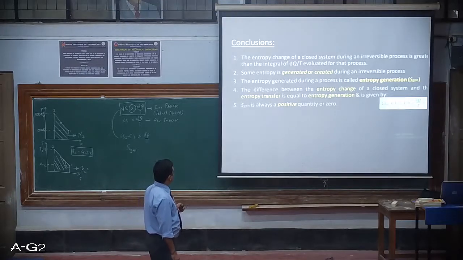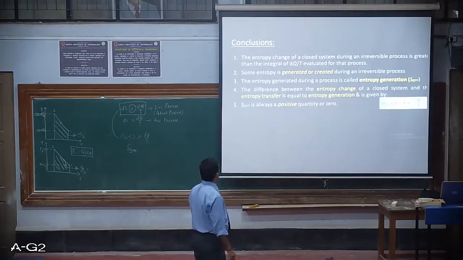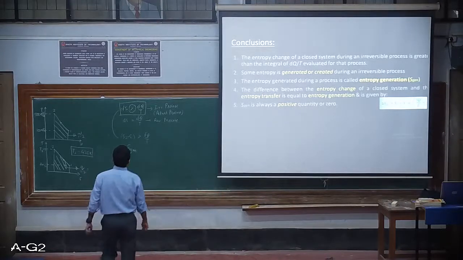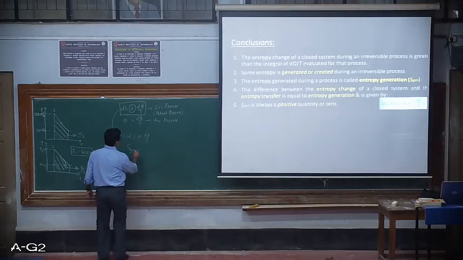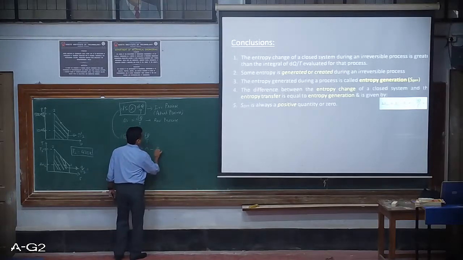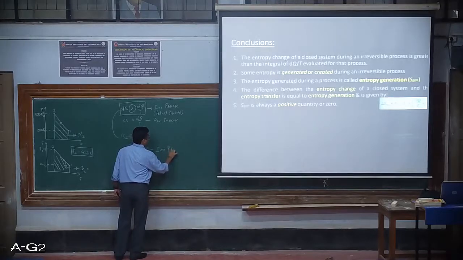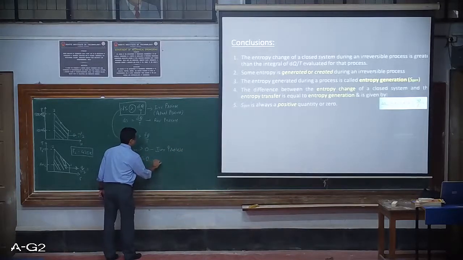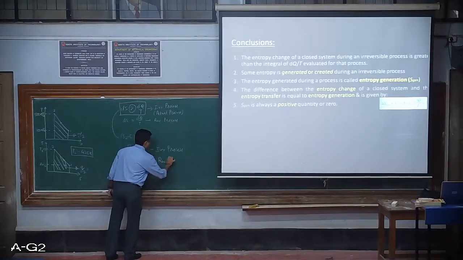An important point here is that Sgen is always a positive quantity or 0. So this Sgen is always a positive quantity, greater than 0, for an irreversible process. In a limiting case it is equal to 0 for a reversible process.